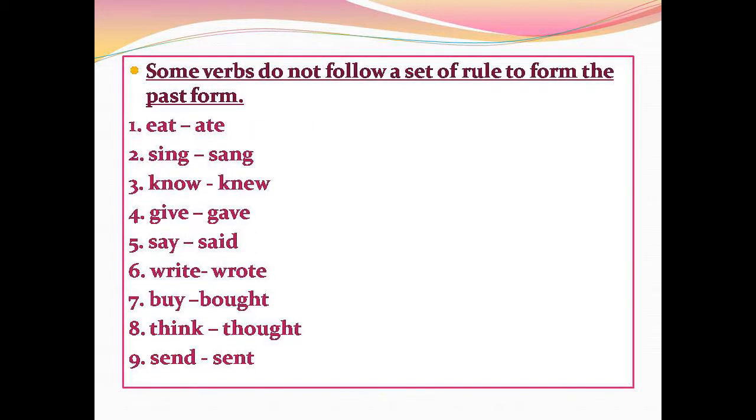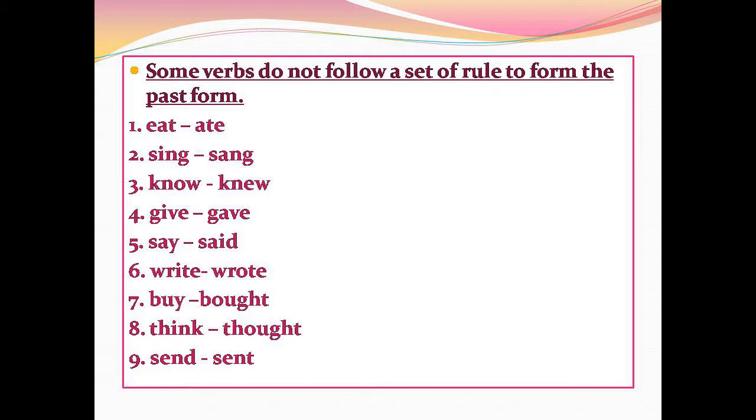Children, there are some irregular verbs also. Irregular verbs means the verbs which do not follow a set of rule to form the past form. Like, for example, eat and ate, we change the word completely, right?